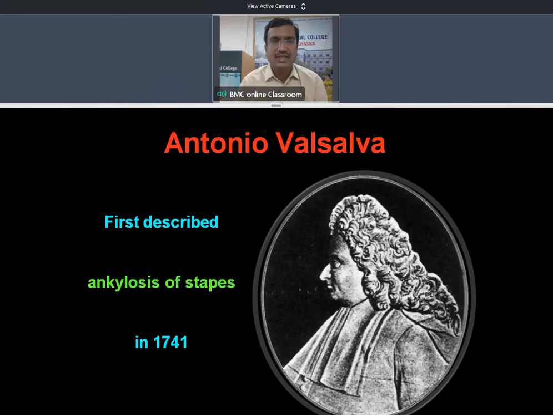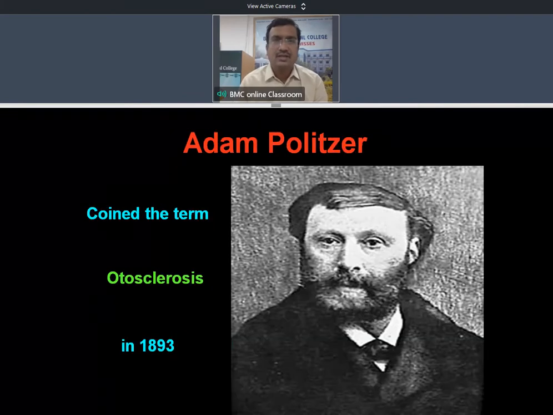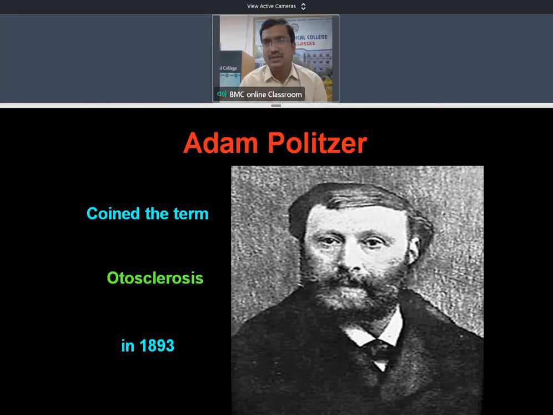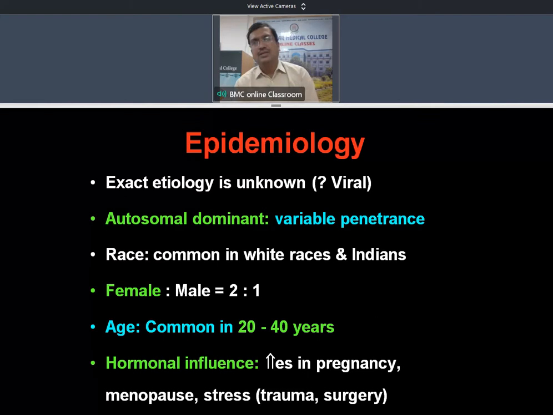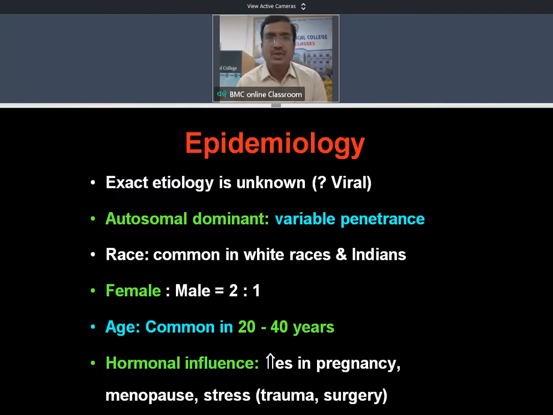It was first described as ankylosis of the stapes by Antonio Valsalva in 1741. Then Adam Politzer coined the term otosclerosis. Siebenmann coined the term otospongiosis in 1912. So that is about the history of otosclerosis.